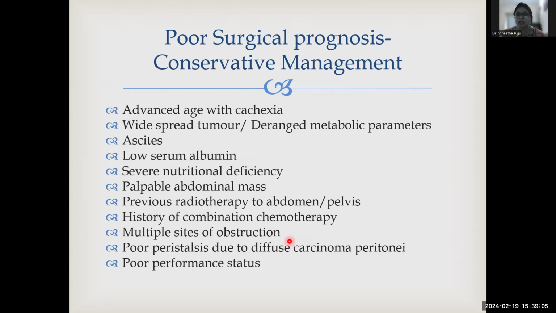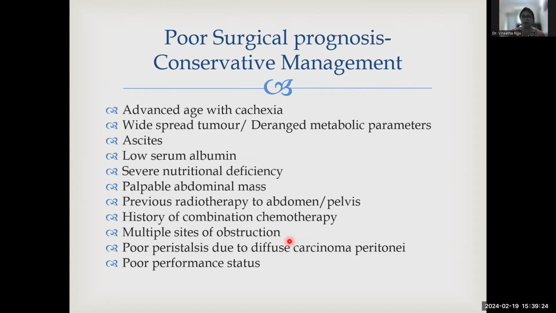History of combination chemotherapy, history of multiple lines of treatment which is given for the patient. Which shows that the disease is a tough disease. So, there are low chances of recovery for this patient and higher chance for this patient to worsen further.